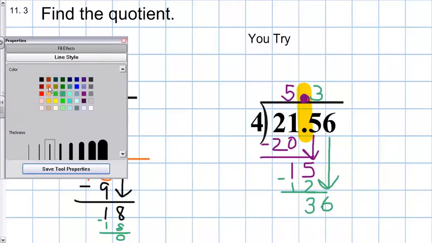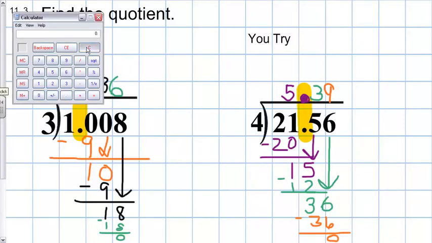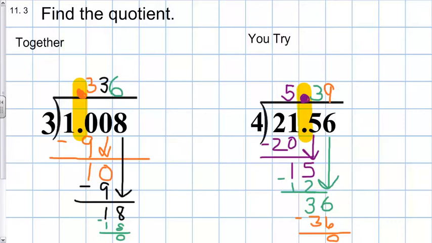How many times does 4 go into 36? 9. 4 times 9 is 36. So I have nothing left over. Let's get our handy dandy little calculator out and check that. 21.56 divided by 4 equals 5.39.